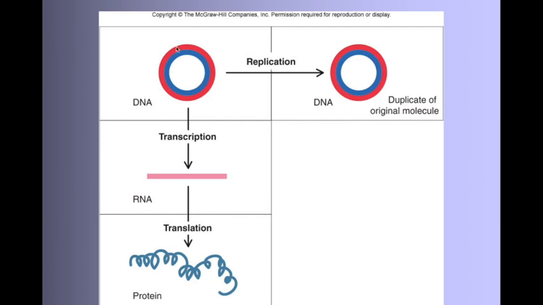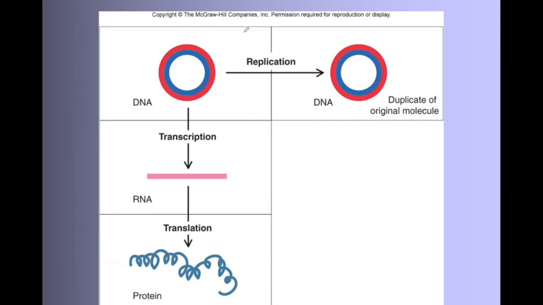One, DNA must be replicated in order for that cell to reproduce, right? So duplication of the original DNA molecule, and this occurs only once.